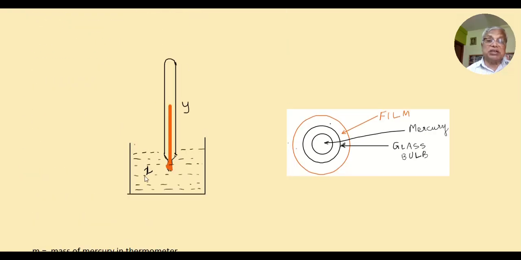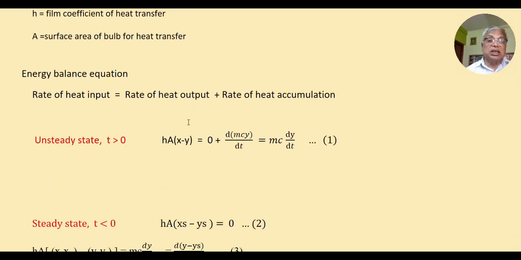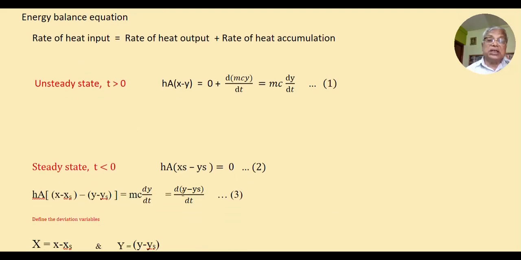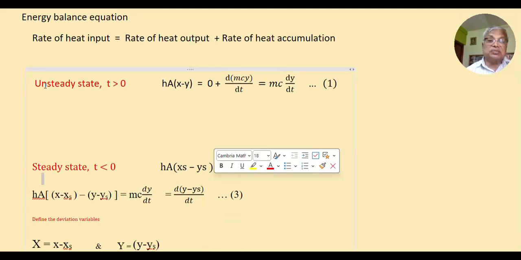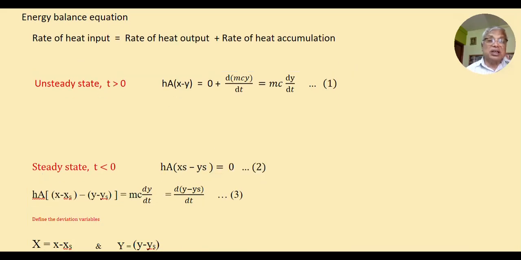So only the input is left: there is no output and no accumulation. The left hand side is HA into (xs minus ys). So the steady state equation is HA(xs minus ys) equals 0.